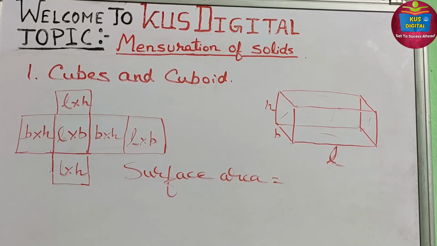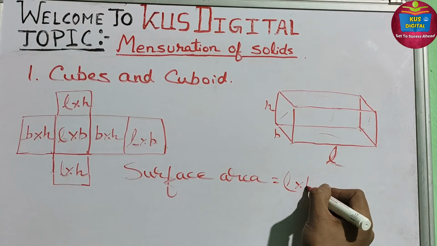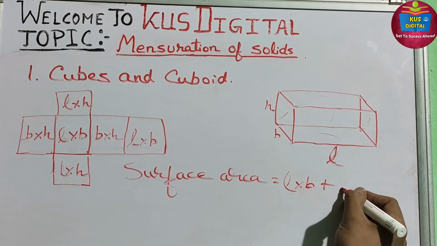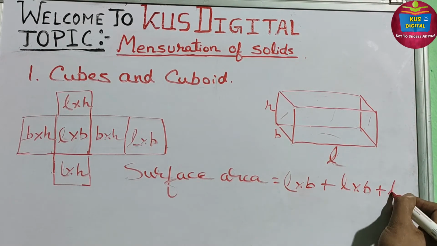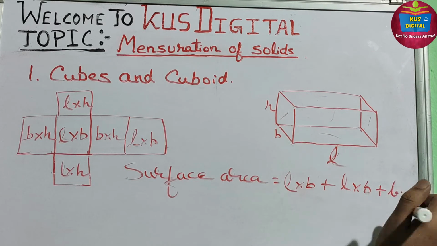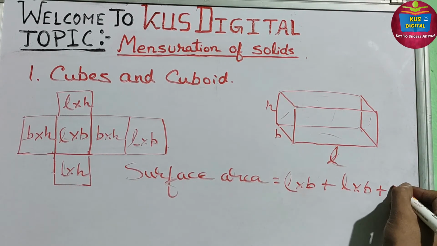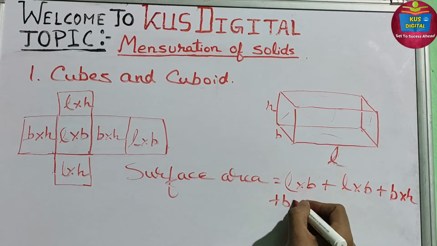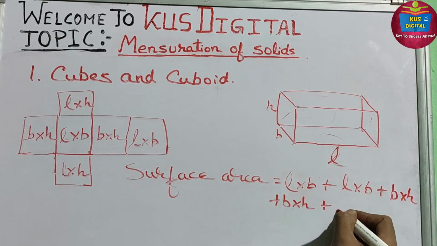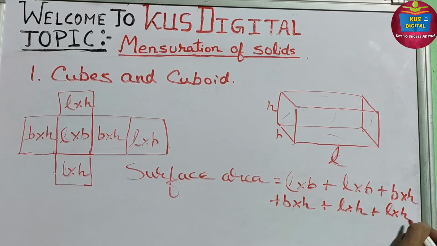So the total surface area will be length into breadth plus length into breadth plus breadth into height plus breadth into height plus length into height plus length into height.